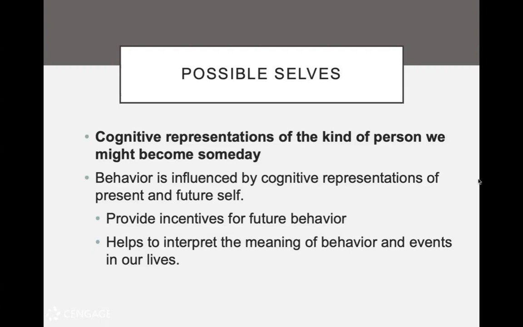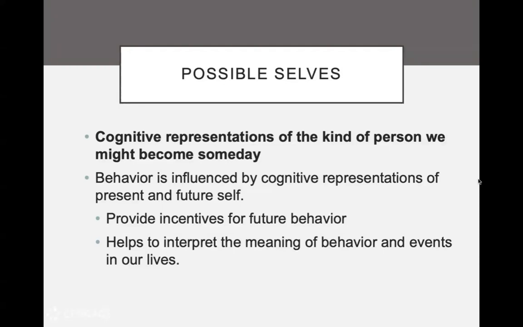So when you have the idea of what you could possibly become, it provides two things. One is that you can see yourself in the future, and so it provides that sort of incentive: this is the person I see myself in the future, and this is the person I want to become.